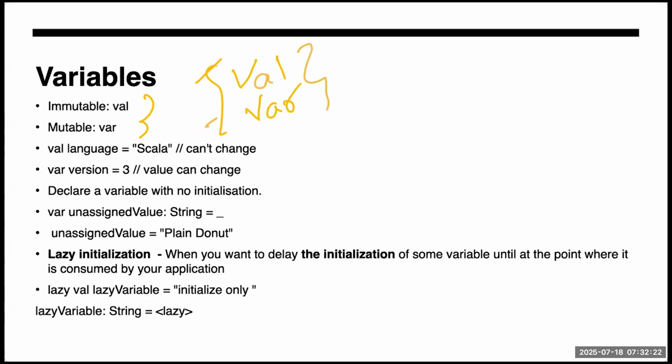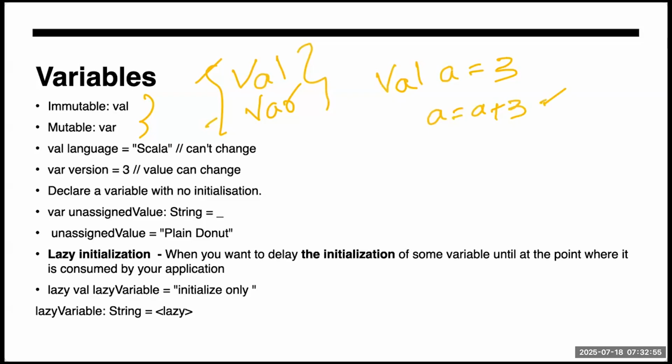If you write, let's suppose, val a equal to 3, and then if you try to do a equal to a plus 3, this will give you an error that it can't be changed.